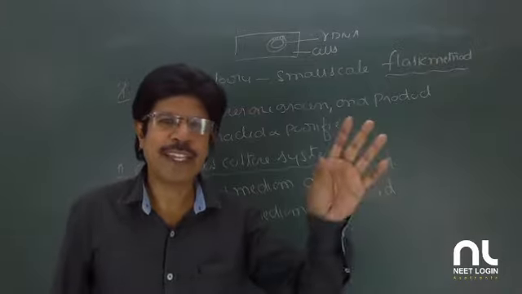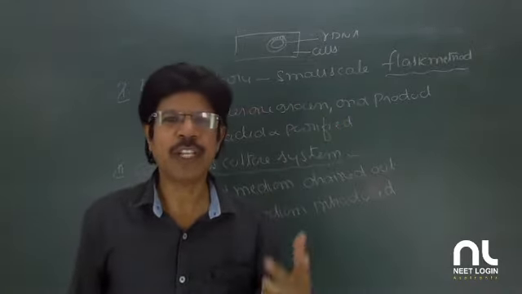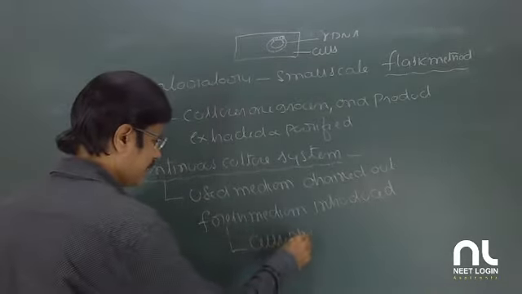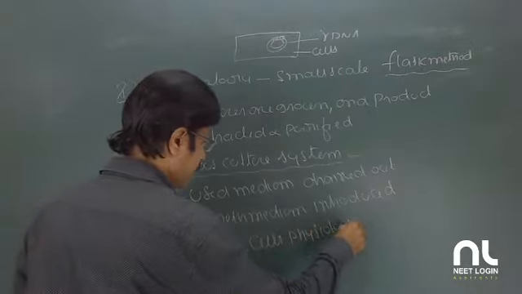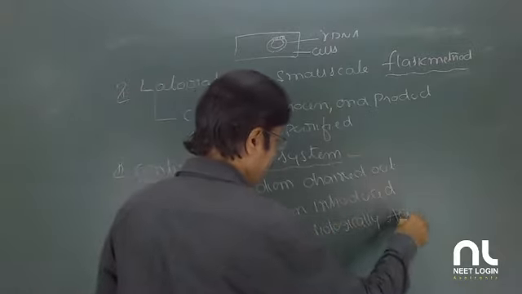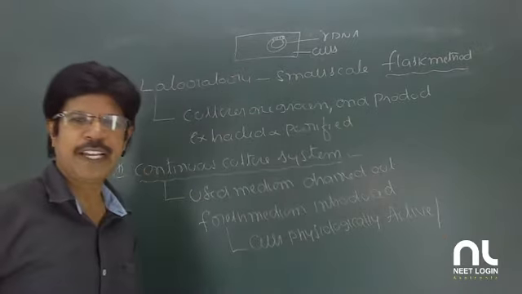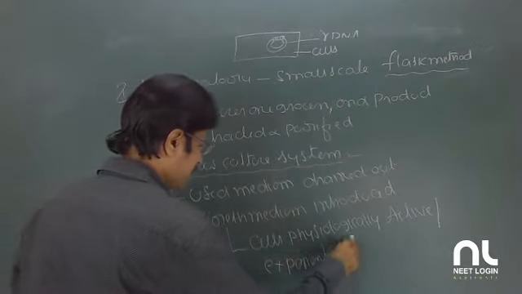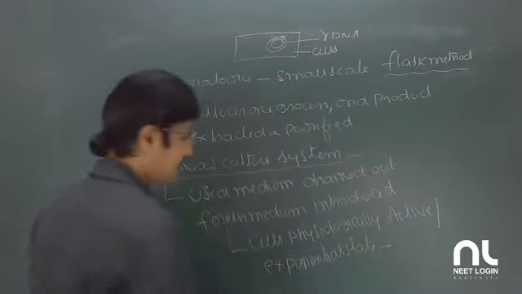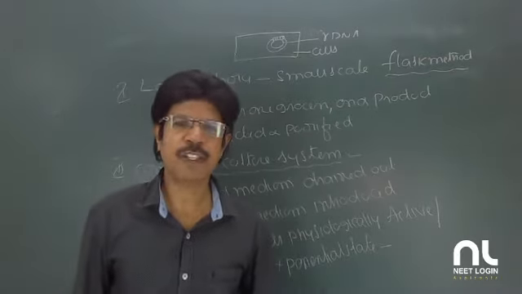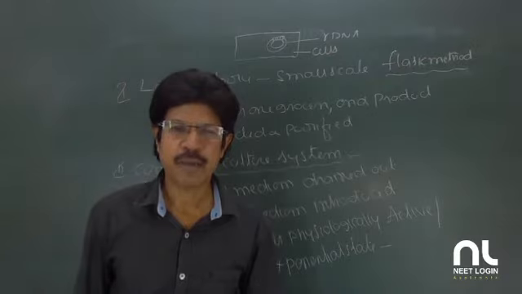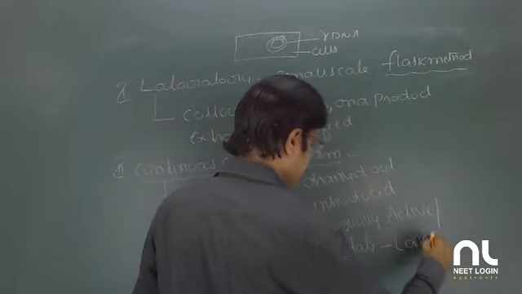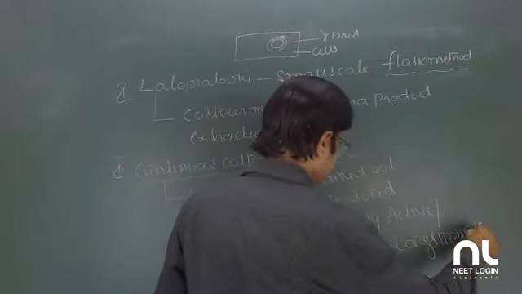So cells are physiologically active in the exponential state, which means very fast growth, to give a large biomass.